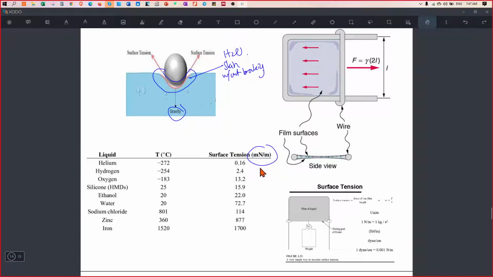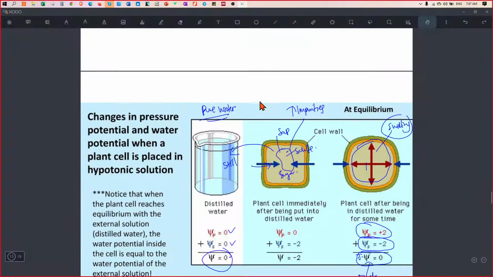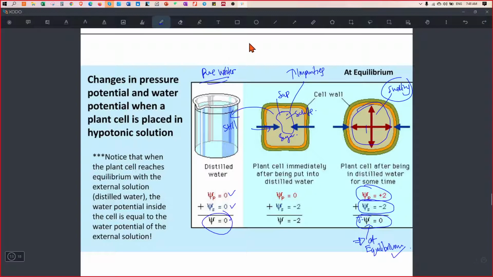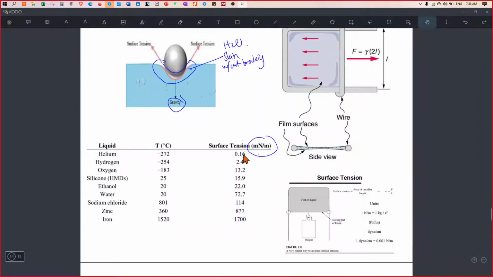If you look in other books, it can be in a number of units, like water potential, which when you learned it earlier was in megapascal, or in bar.